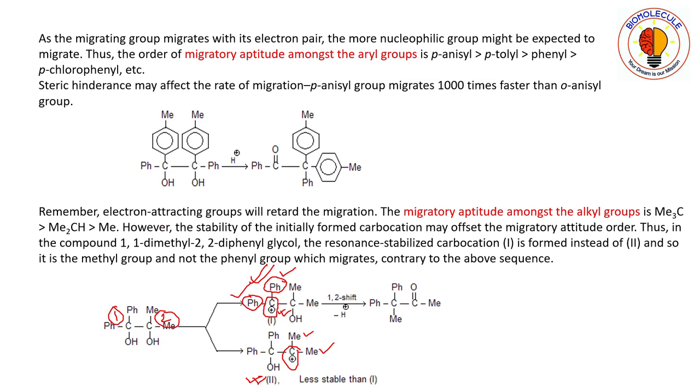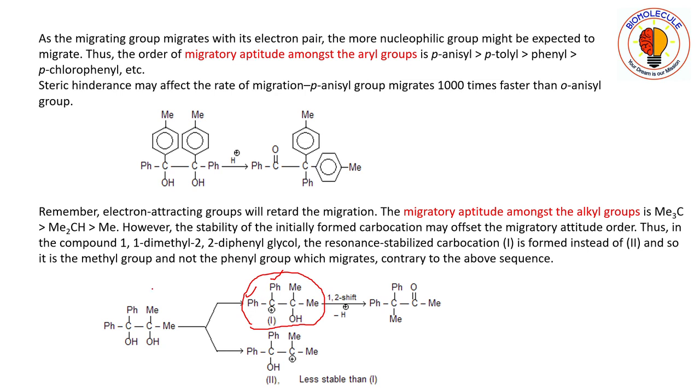So carbocation 1 is much more stable as compared to carbocation 2 because of these two phenyl rings, which stabilize the carbocation through resonance.